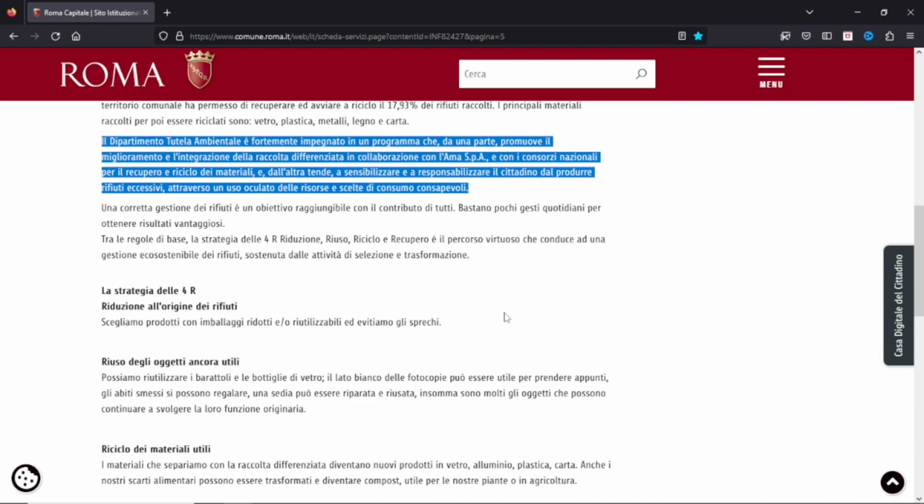And dall'altro tende. I have a feeling that's some kind of saying, because I think it's either from the other side of the curtain or tent, which doesn't make sense in English.